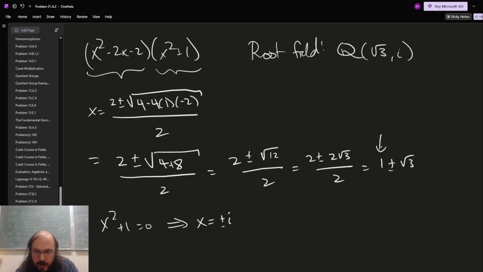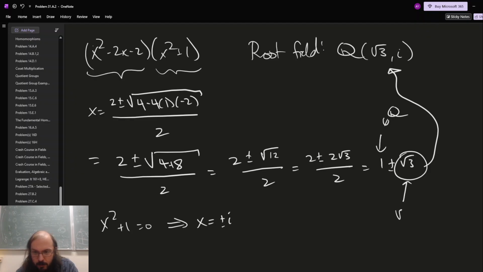Well, Q already contains 1, and so I don't need that. Here I need to adjoin the square root of 3. Properly speaking, one should show that the square root of 3 is not in Q, but this is a classical fact.